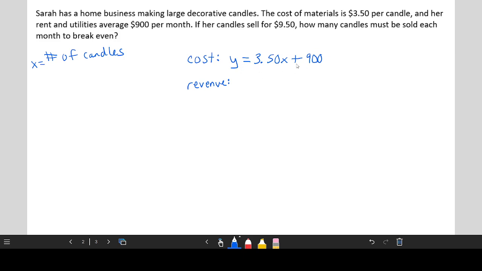So that's her monthly cost for x candles. Her monthly revenue for x candles is going to be $9.50 times however many she sells. And she wants to break even, so she wants her cost and revenue to at least be the same.